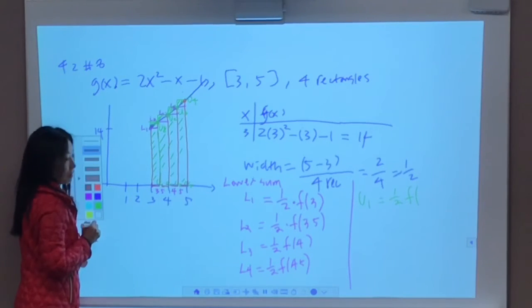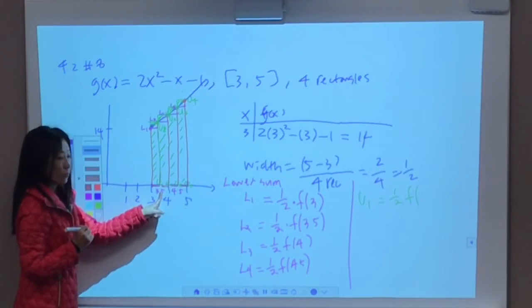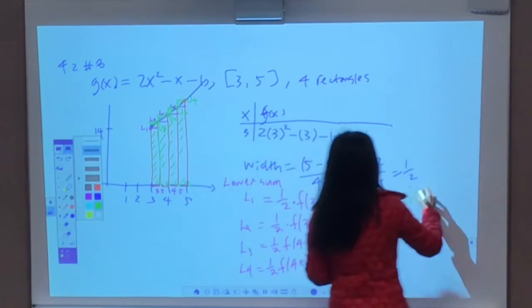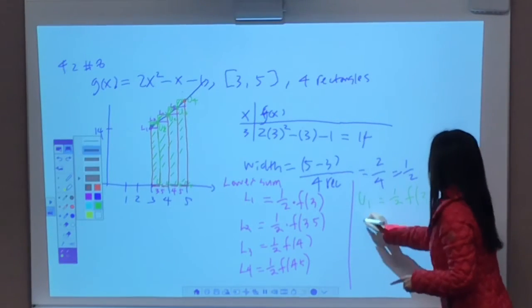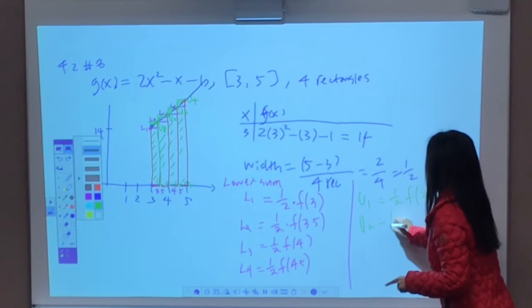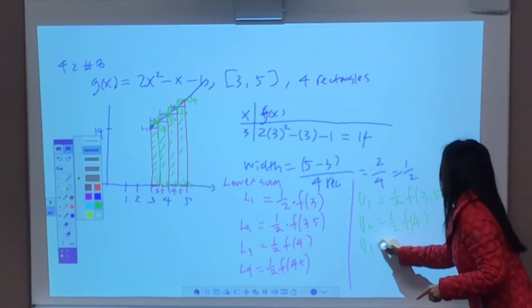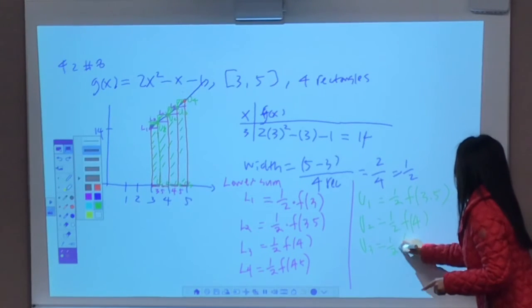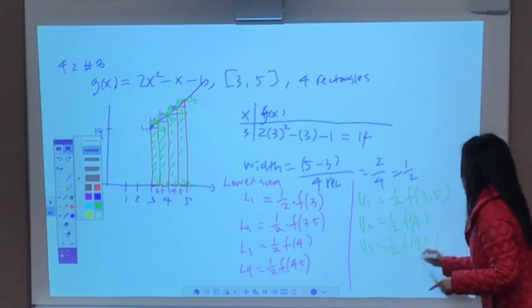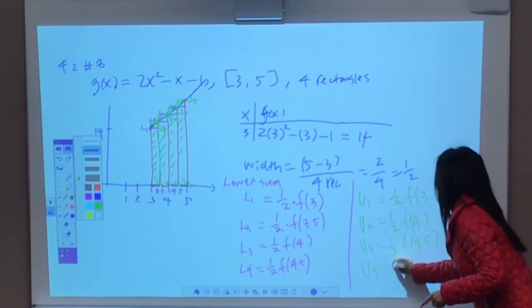What was on your very first line? Oh, okay, 3.5. So the very first one starts with 3.5. The next one is what? f of 4. The next one will be f of 4.5.